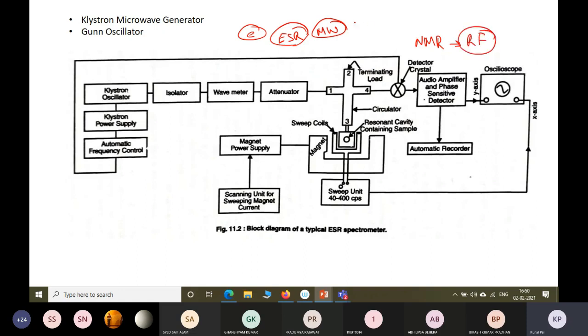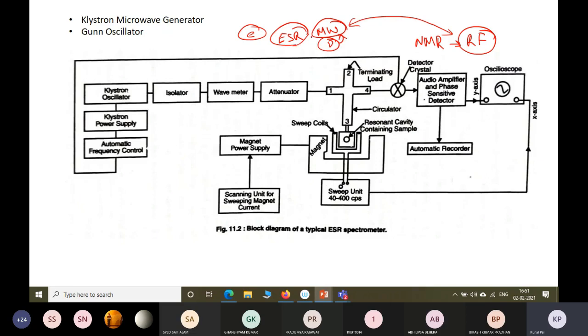So both of them have distinct frequencies. ESR undergoes precession at a frequency which corresponds to microwave radiation, so we are exciting the electrons using this. We are specifically trying to get some information from the electrons.